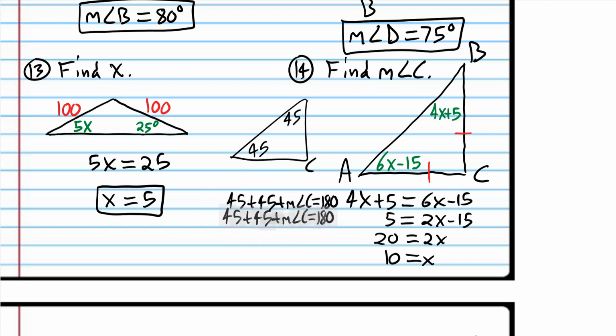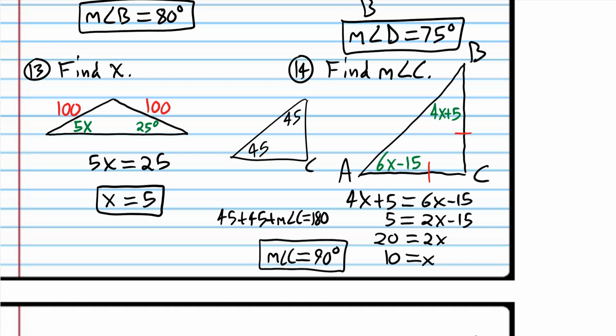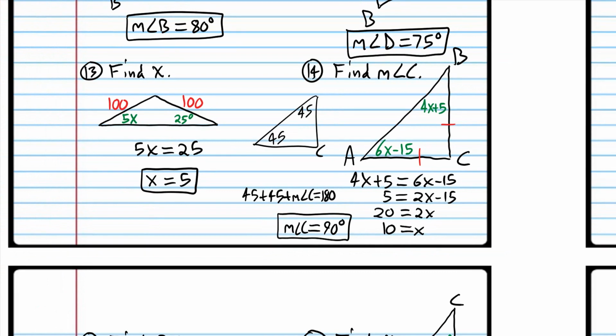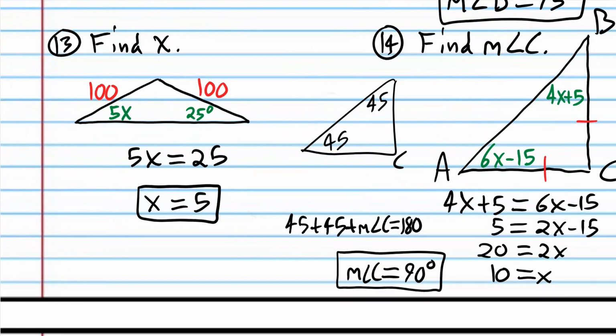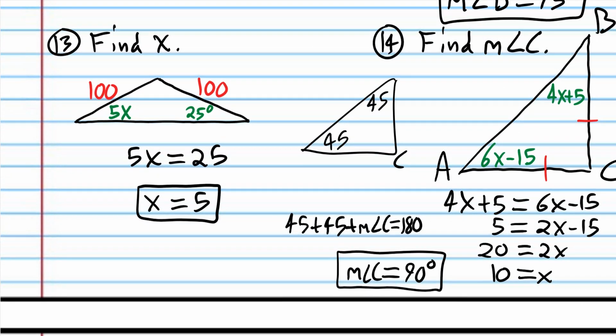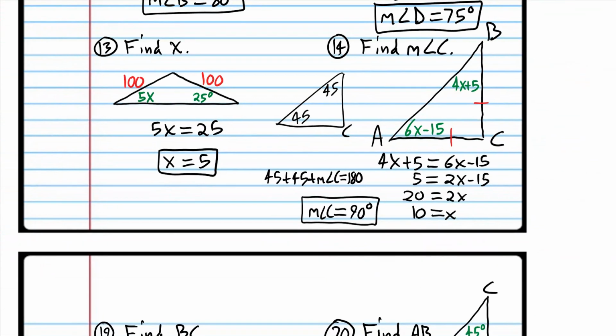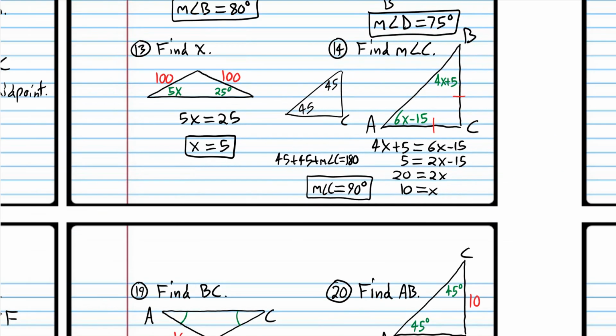So if that's equal to 180 degrees, we can just solve that equation. And it's pretty simple stuff. We can see that measure of angle C is equal to 90 degrees. So some of these problems get a little harder because sometimes you're asked to find this angle, and sometimes you're asked to find this angle, which requires the triangle sum theorem. So just be aware of that. Don't get tricked. You got to find the measure of the angle that they're looking for.